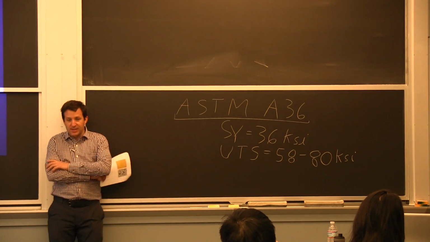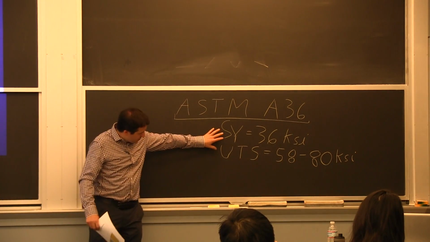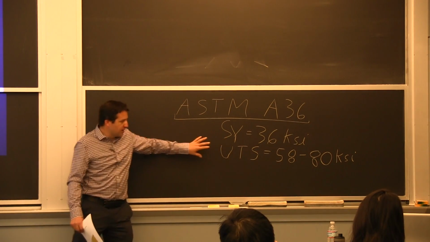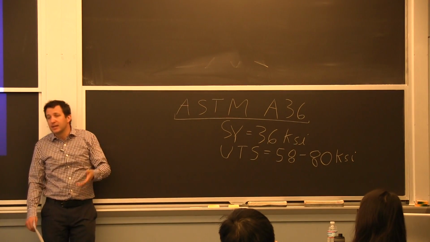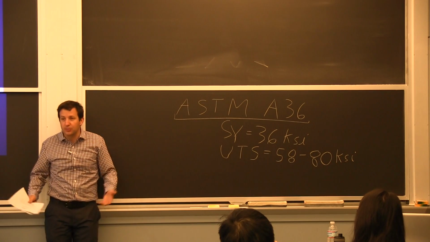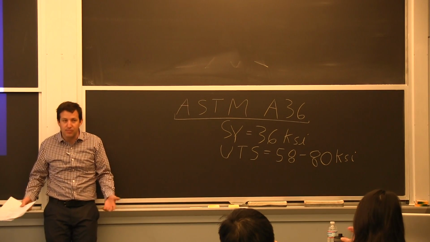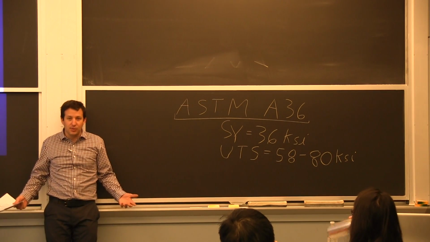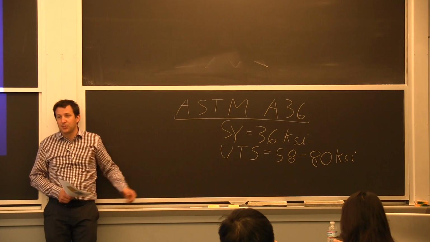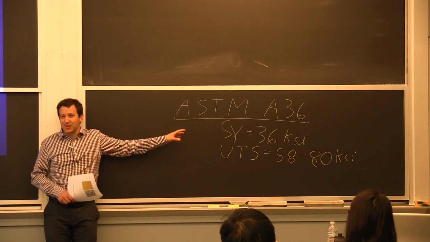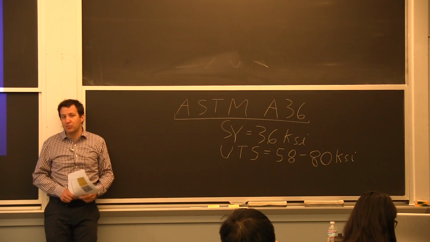And from there, you could say, okay, this was the requirement, and this is what you've got. So if you're trying to do a detailed analysis, like find an element, trying to figure out when this thing is going to start to bend, buckle, and what have you, what you should use are the actual properties, as opposed to the specification, because the specifications are very broad.